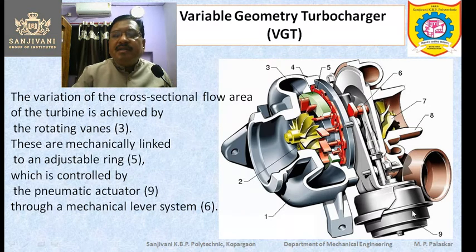So here this is nothing but the pneumatic actuator, and through this mechanical lever system, this pneumatic actuator is controlling this adjustable ring, and when this adjustable ring is turned, the vanes are turned, and when the vanes are turned, the flow area which is available for the flow of the exhaust gases towards the turbine blades can be changed.